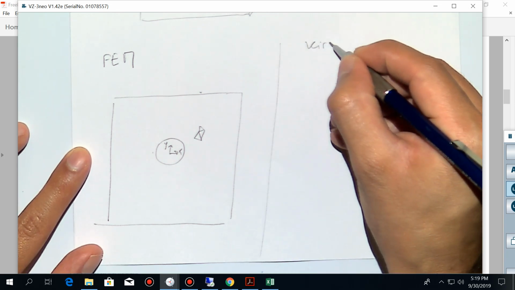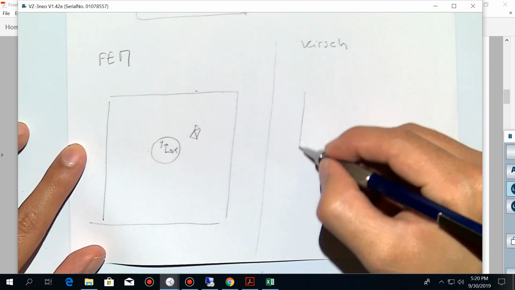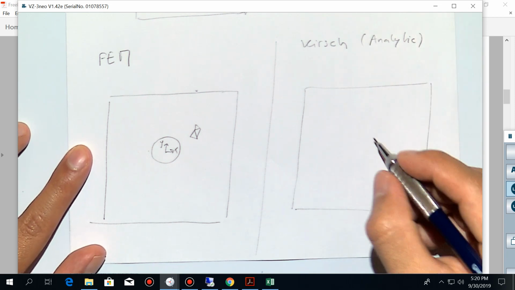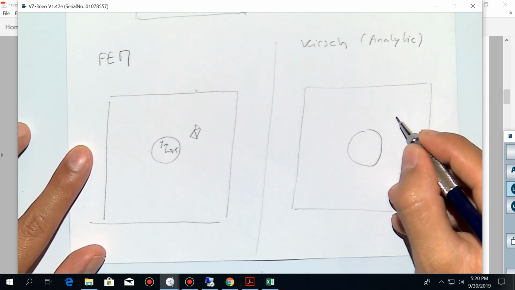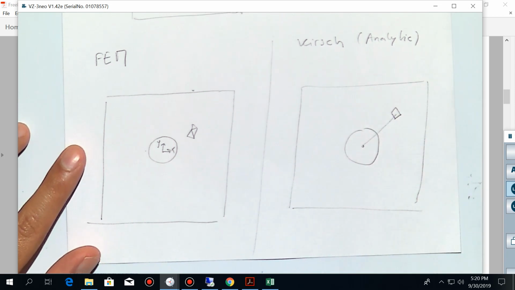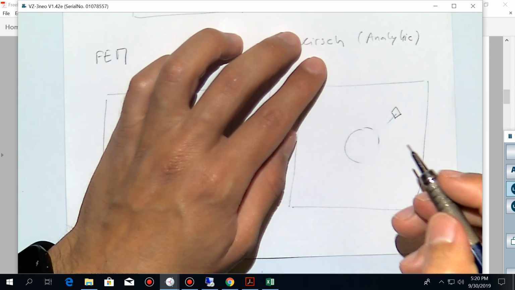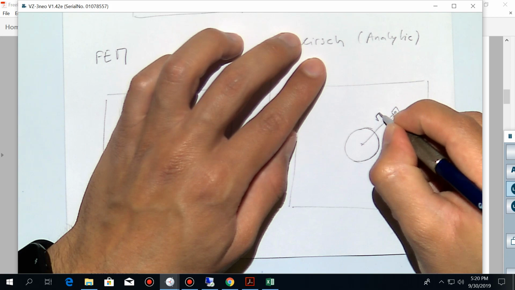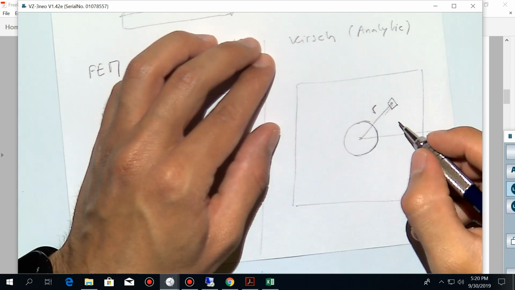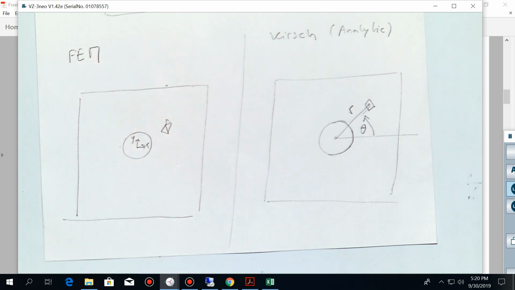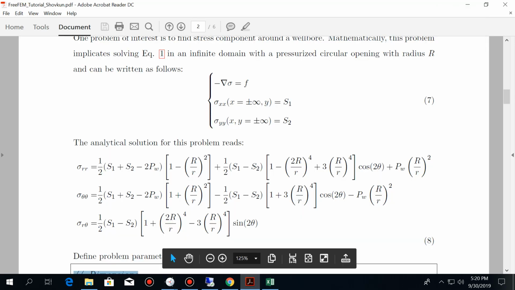So for the Kirsch solution, what we do is we utilize an alternative coordinate system where any point in that system is going to be given by a radius r and an angle theta, where theta is measured from the direction of the maximum stress.